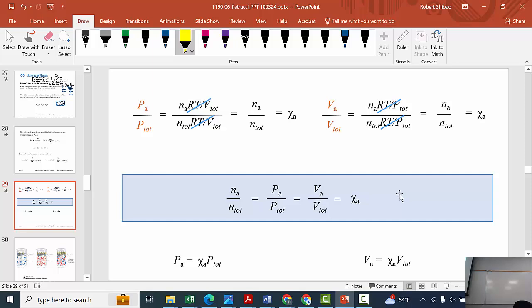So here's the mole fraction, which is equal to the pressure fraction, which is equal to the volume fraction. And this symbol is usually reserved for the mole fraction. If we want the partial pressure of A, then we'll just take the fraction of the total pressure that belongs to A. Let's say half the gas is A, then it'll be 1/2 the total pressure.